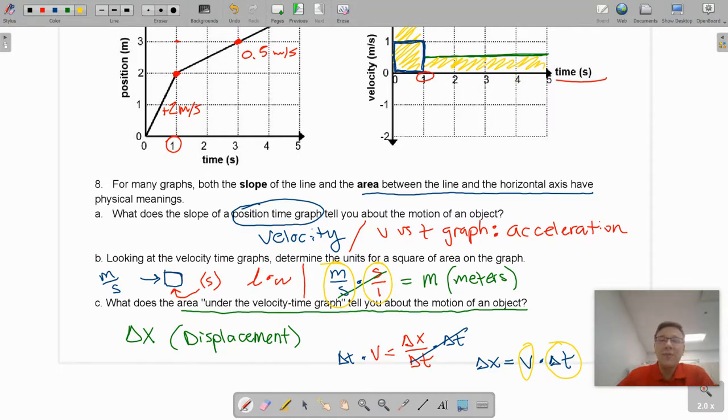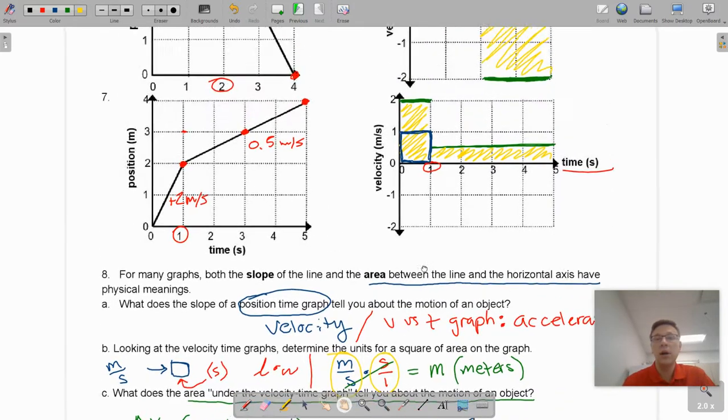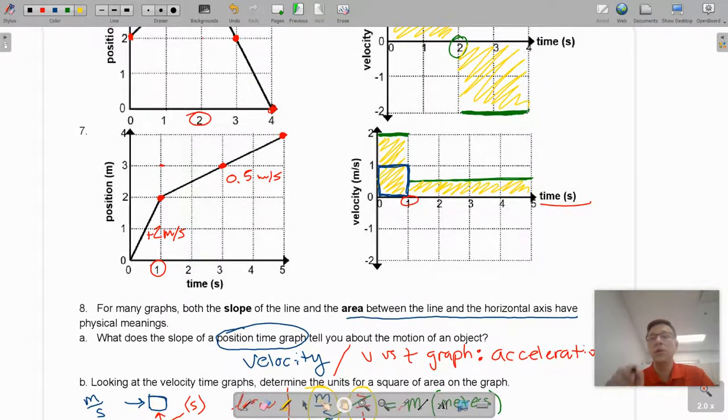So if I gave you a velocity versus time graph and said, calculate the displacement of this object, all you have to do is find the area in between the horizontal line that you drew and the midline, 0, the horizontal axis.